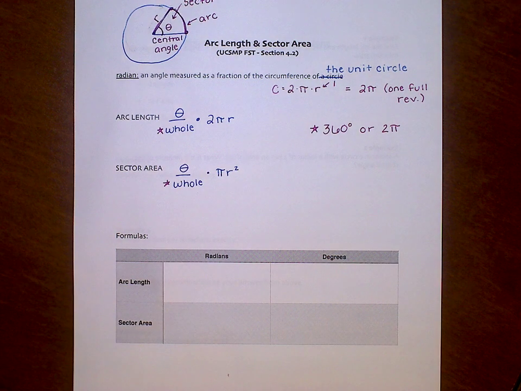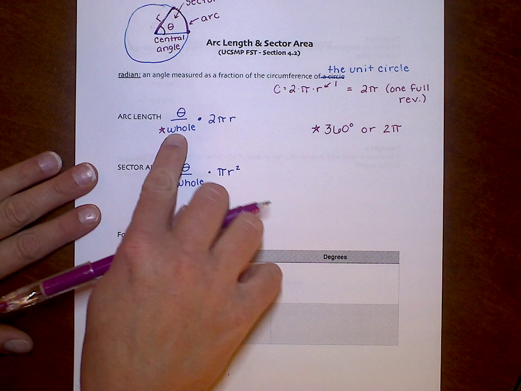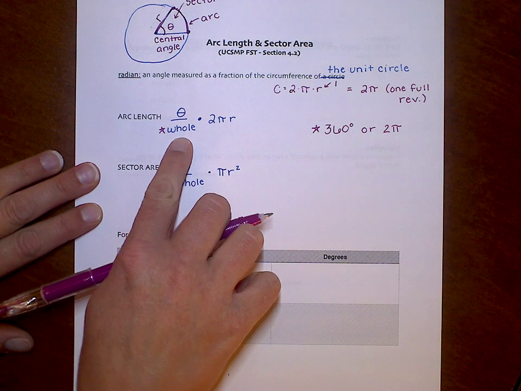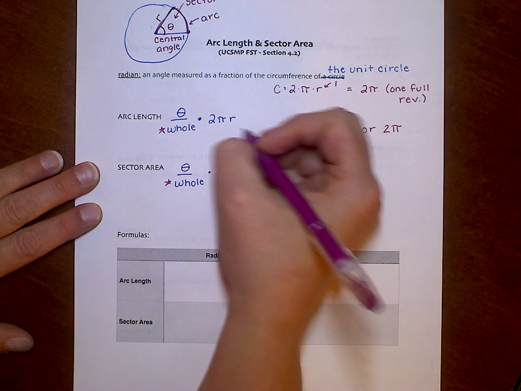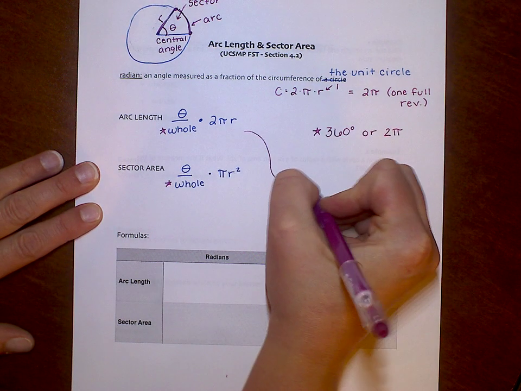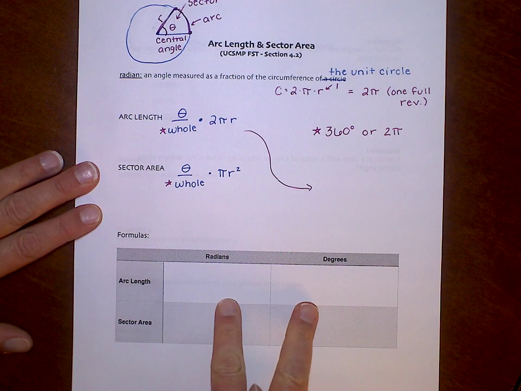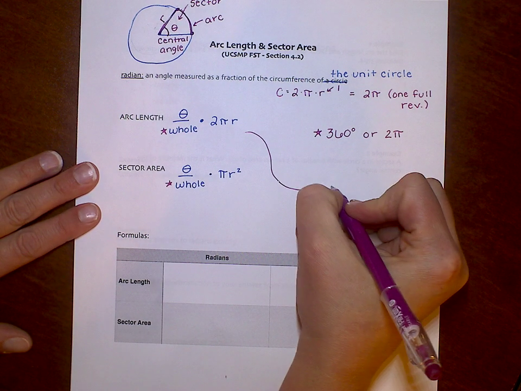When I plug a 2 pi in here, so if I'm working with arc length and I'm working in radians, I want you to watch what happens here. Actually, I'm going to do this down here. I don't know that you need to write this down because we're going to formalize it down here in the table, but watch what I'm doing here.